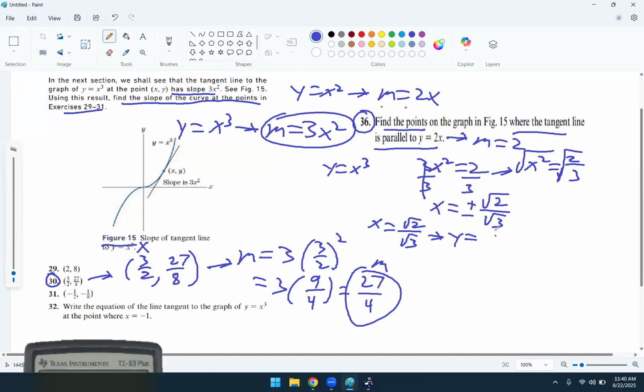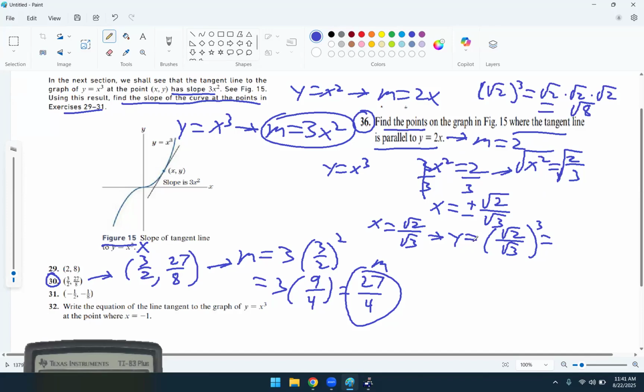Well, just cube it. That's going to be root 2 over root 3, cubed. Are you with me on that? First of all, let's look at this on the side. Some side work here. Let's look at root 2 cubed. This is root 2 times root 2 times root 2, which is root 8.